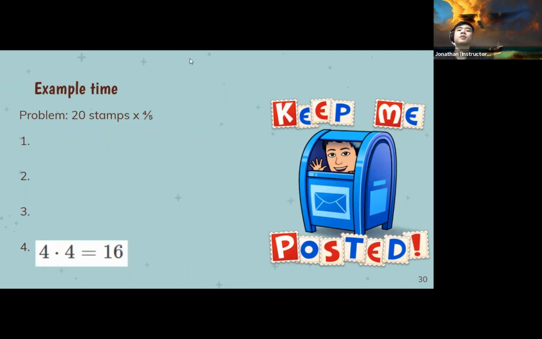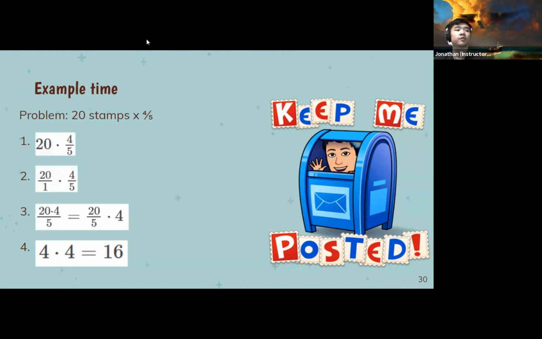So basically the question becomes 20 times 4 over 5. 20 is equal to 20 over 1, right? So 20 over 1 times 4 over 5 is 20 times 4 over 1 times 5.